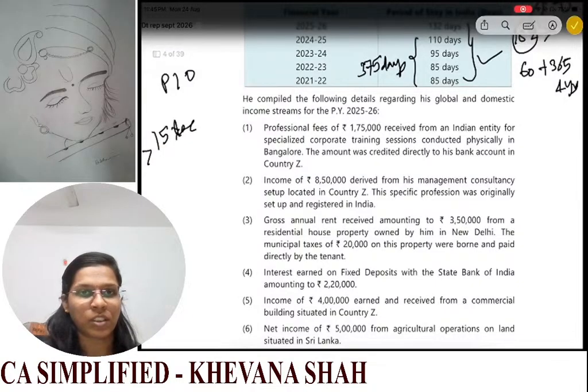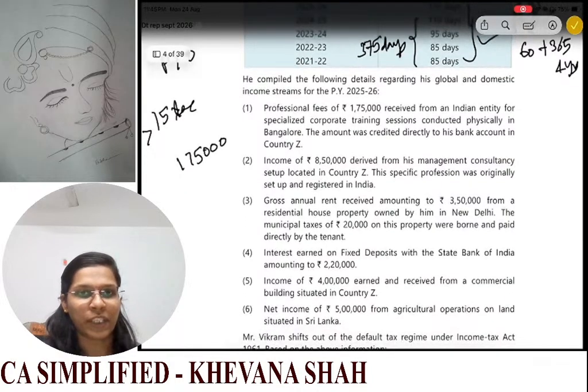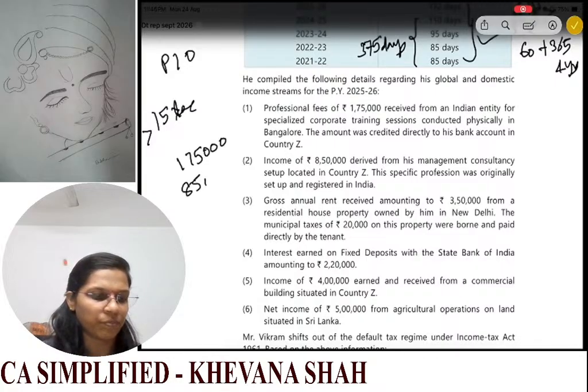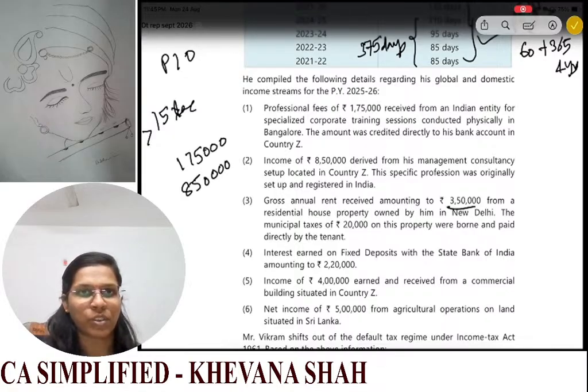So see, we have this professional income 1,75,000. Then you have management consultancy income 8,50,000. Then you have gross annual rent received 3,50,000. Now from these 3,50,000 you need to reduce 30%, that is 105,000.